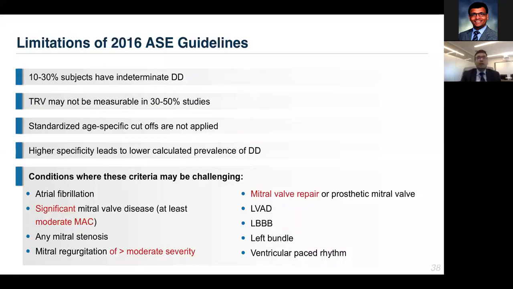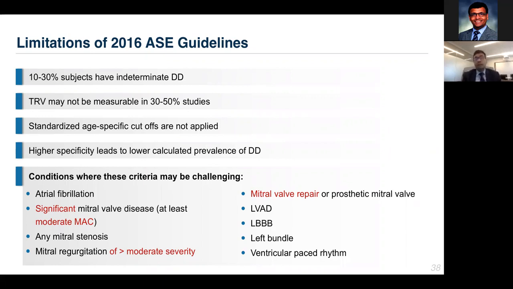Some of the other limitations of the 2016 guidelines include the characterization of indeterminate diastolic dysfunction. The way I look at the stage indeterminate is not to stop at that point, but to make an effort to get more variables to see if we can qualify the patient either way, normal or dysfunctional, or to ask for exercise testing where you really do not have the answer.